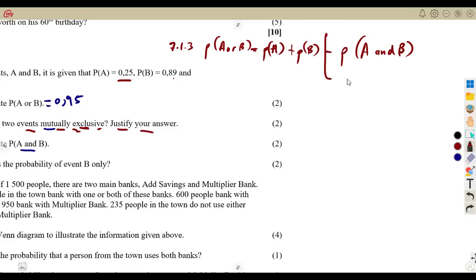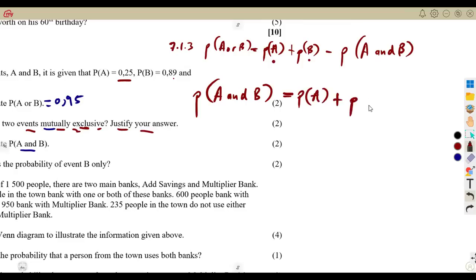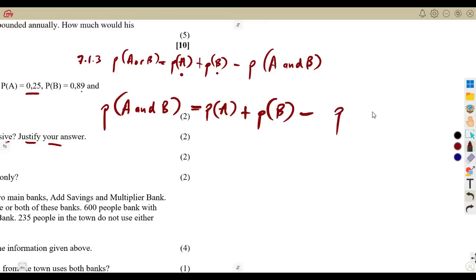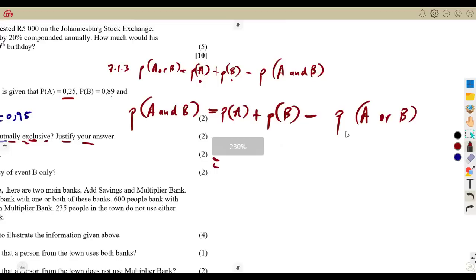So as we need the probability of A and B, let's find this. Let's take it this side. It becomes a positive. So the probability of A and B is equal to what? On the right-hand side, we are remaining with A and B. So it's going to be the probability of A plus the probability of B. We take the probability of A or B to the other side. So we are going to subtract the probability of A or B, just like that. So this is a formula to be used on any combination, any set.